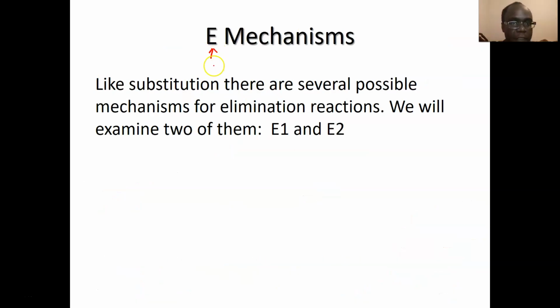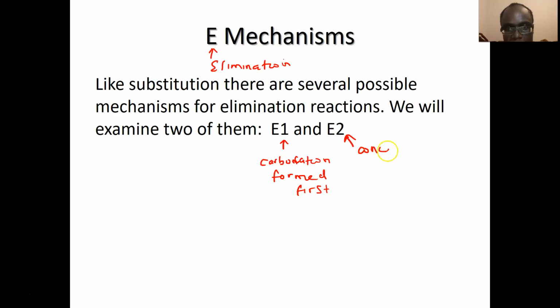E stands for elimination. There are two types of eliminations. There's E1, where you have to form a carbocation first, just like SN1. And then E2, where the reaction is concerted. You just push the arrows at once, no carbocation formation.